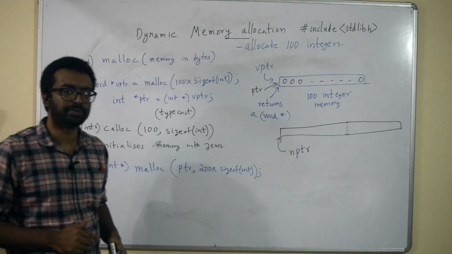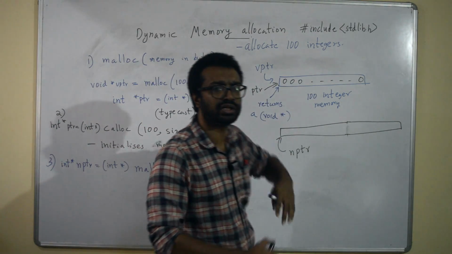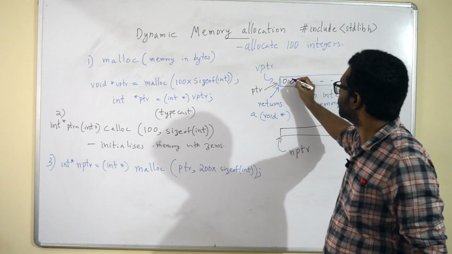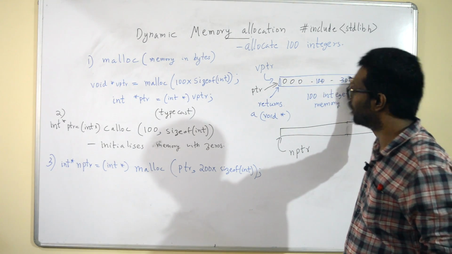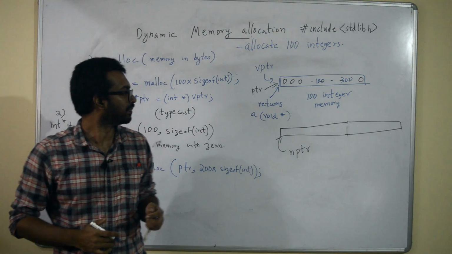Now, one small thing. Our PTR was pointing to this location, and in the memory of the PTR there was a lot of information, right? It was 10 in the first location, maybe 100 here, 300 here, some numbers were there in each of these locations, because in our program we might have used that.